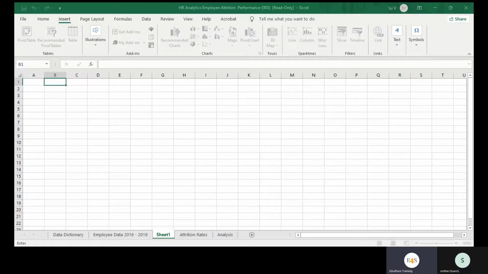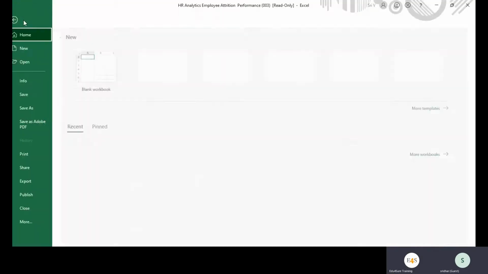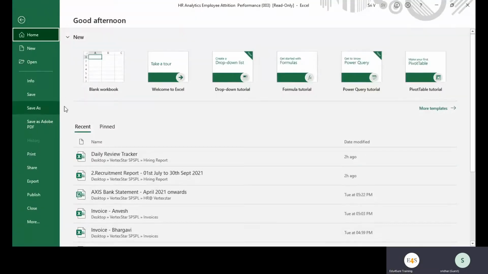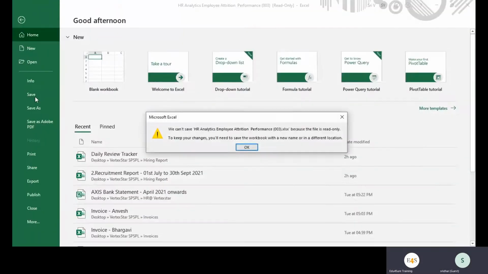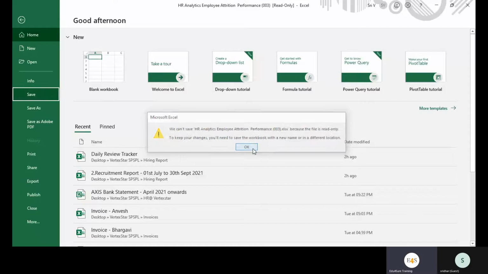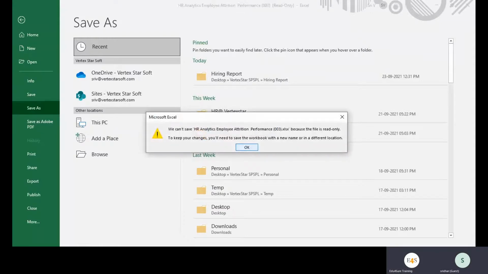You have opened the sheet, I think, in read-only mode. No, I'm using the same sheet whatever you passed on. So it's read-only. I have to save it separately. Yeah, click on save. We can't save. So make a new copy which is not read-only.